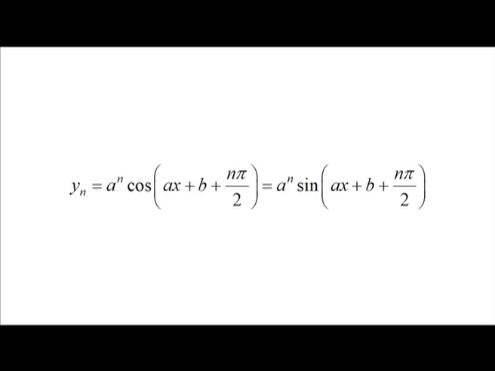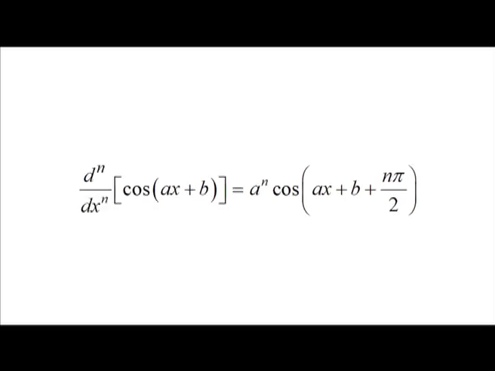Similarly, it can be seen that the nth derivative of cos of ax plus b equals a power n into cos of ax plus b plus n pi by 2.